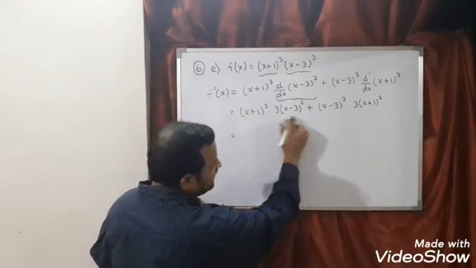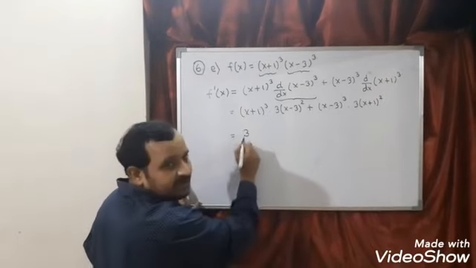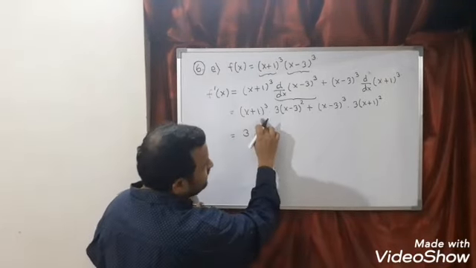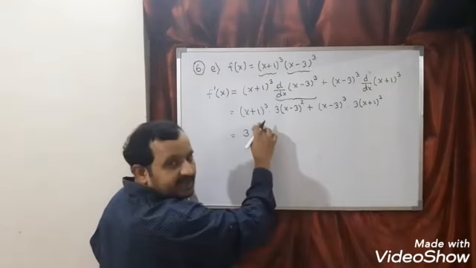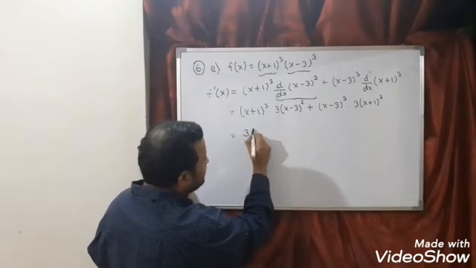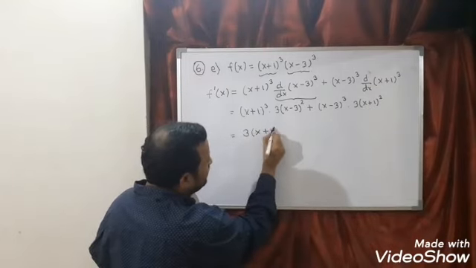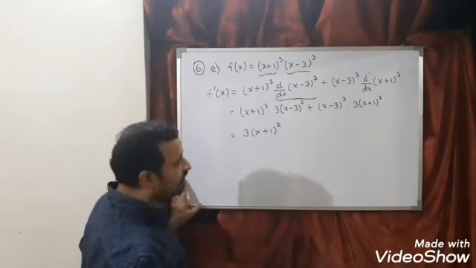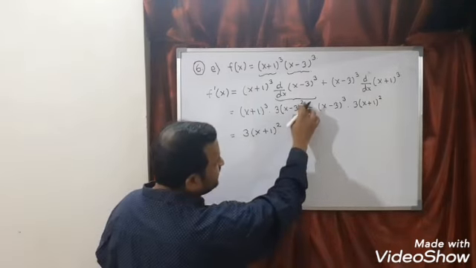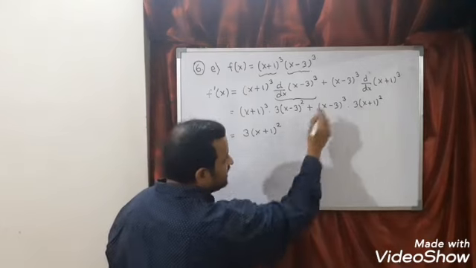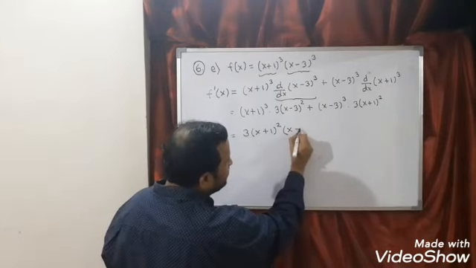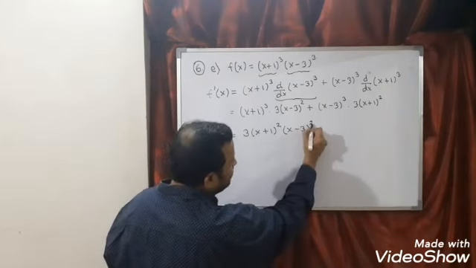I think here 3, here 3. So we can take 3 common. X plus 1 whole square is here. X plus 1 whole square is here. So x plus 1 whole square we can take common. What else? X minus 3 whole square. X minus 3 whole cube. I think x minus 3 whole square also we can take common.